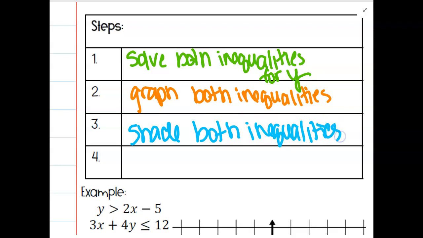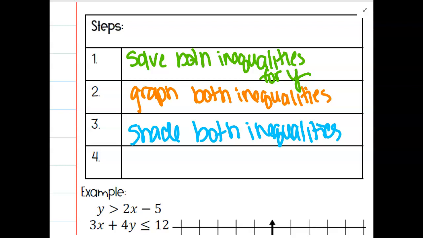And what usually is going to happen is that when you shade, maybe you shade this inequality over here and this inequality up here, there's usually going to be some area that's shaded in both. I'm going to use yellow and green for my two inequalities. So there's probably going to be some part of your graph that's just shaded in yellow and some part that's just shaded in green.